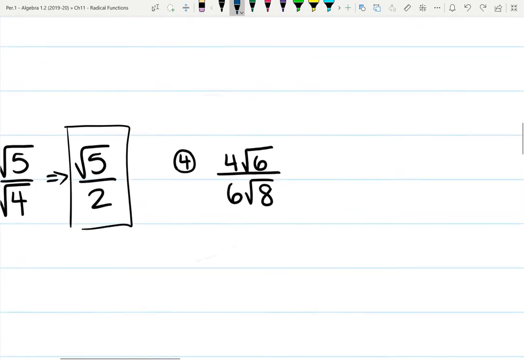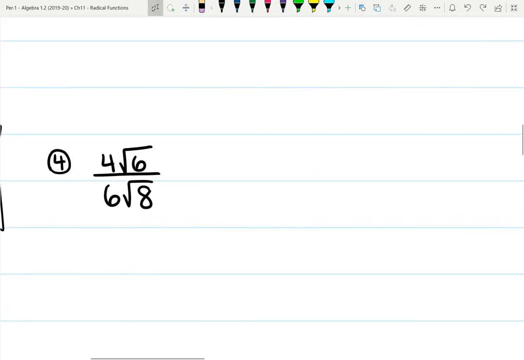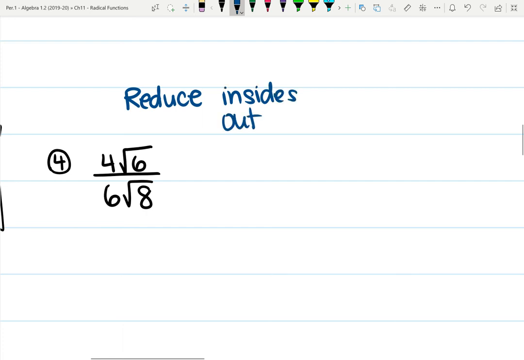Here, let me take a look at example number 4 for you so you guys can get a feel for what I'm talking about, right? When I reduce, you can only reduce insides together and outsides together. So insides with insides, outsides with outsides, do not mix and match, right? Insides go together, outsides go together.